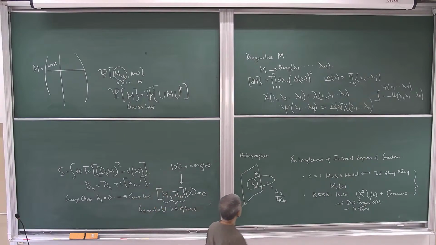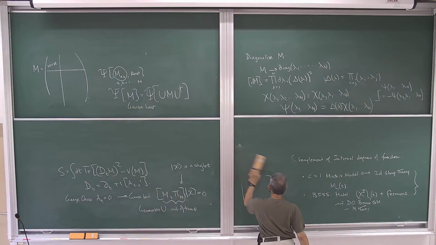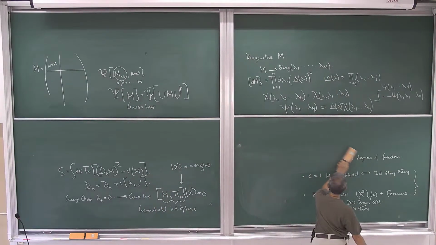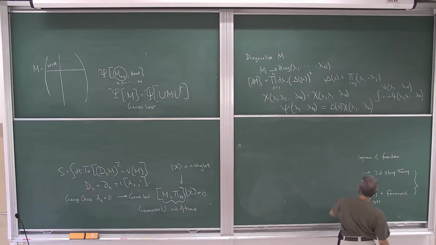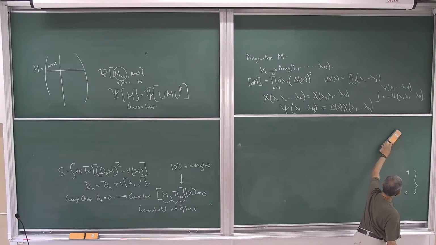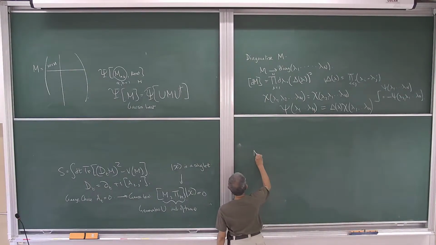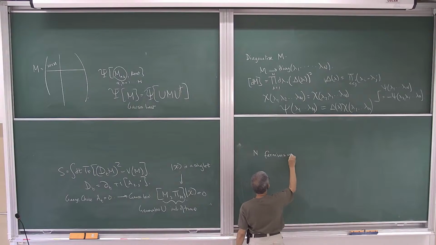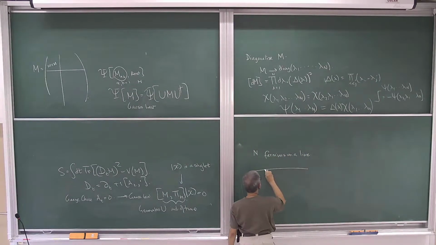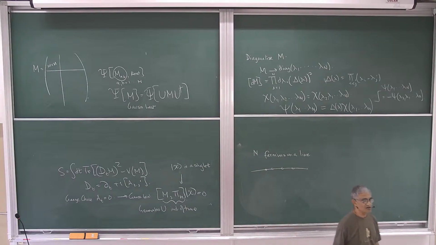Okay, very good. So what do you do when you have n fermions in many body physics? You have n fermions on a line, moving under some external potential.